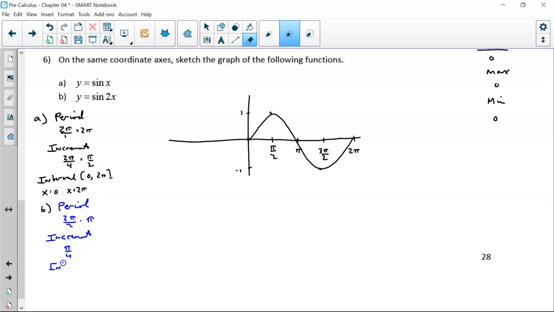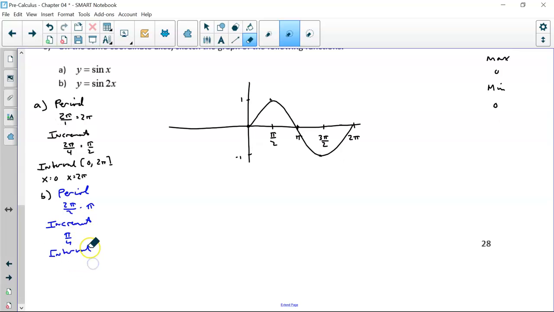And our interval, 2x equals 0 to 2x equals 2 pi. So x equals 0 and x equals pi. That's how long it takes to do 1 period.